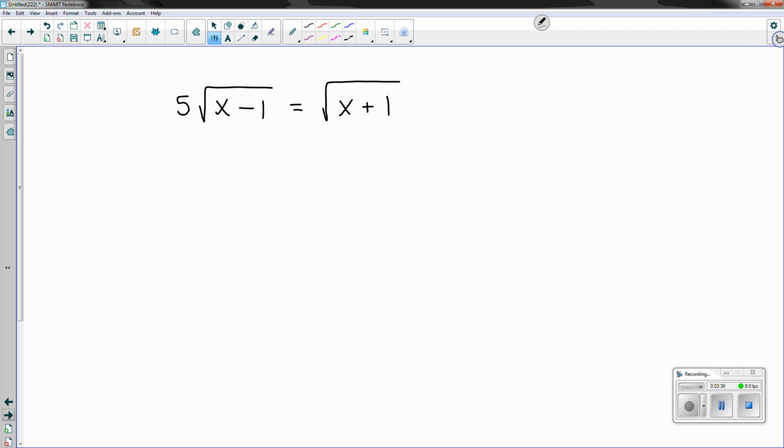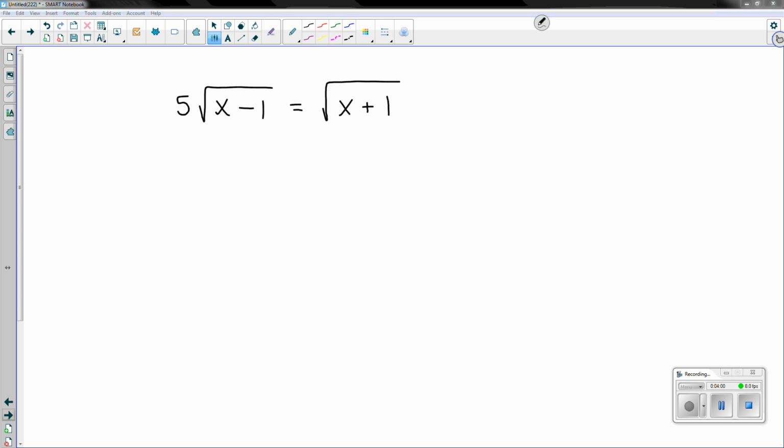So, second example. We know we want to remove the radicals. We're dealing with 2 square roots here. And to remove the radical, I would want them to be as isolated as possible to avoid any unnecessary algebra if I can. At this point, on the left, we have a 5 coefficient in front of that square root.